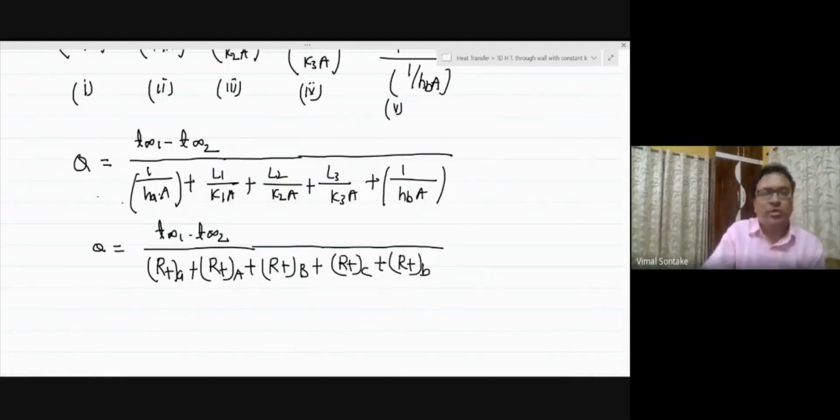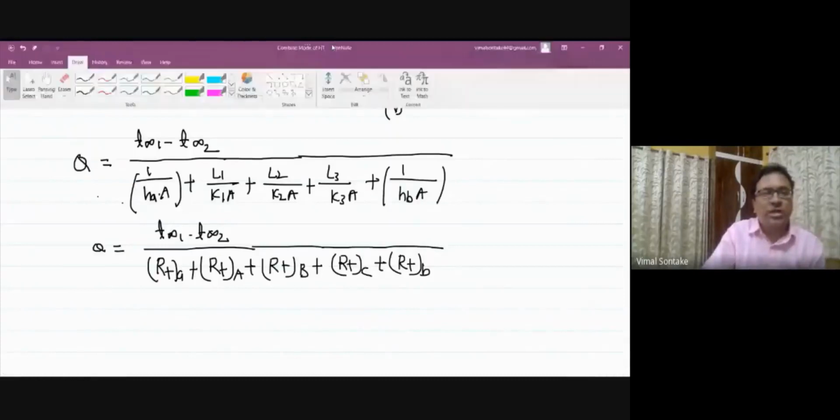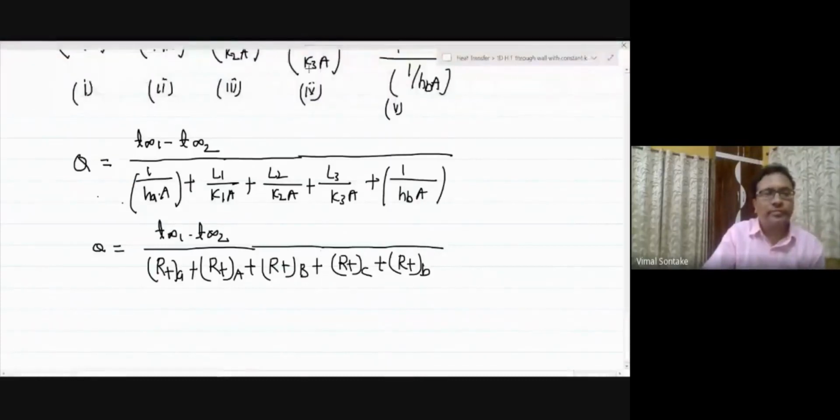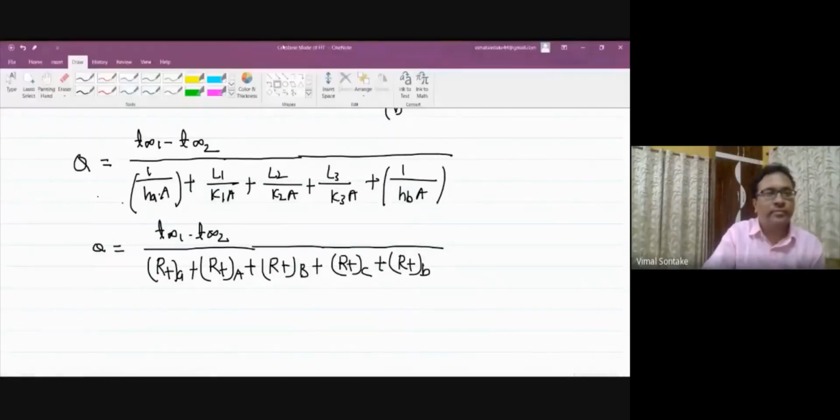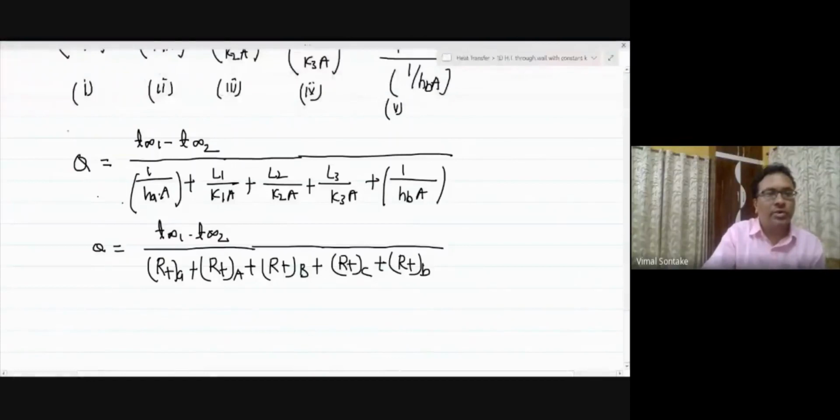So with the help of these two expressions, you can calculate the heat transfer rate.